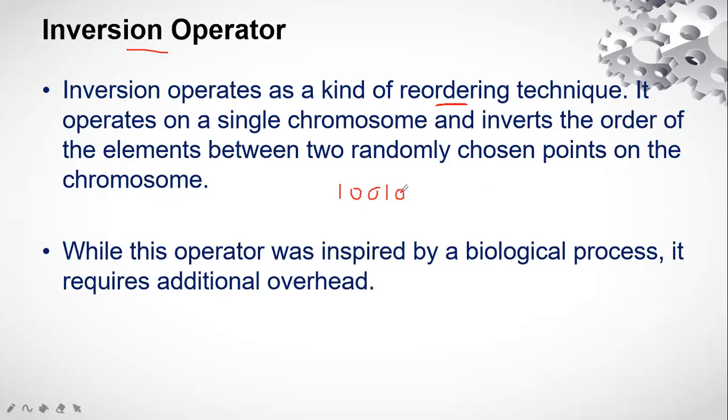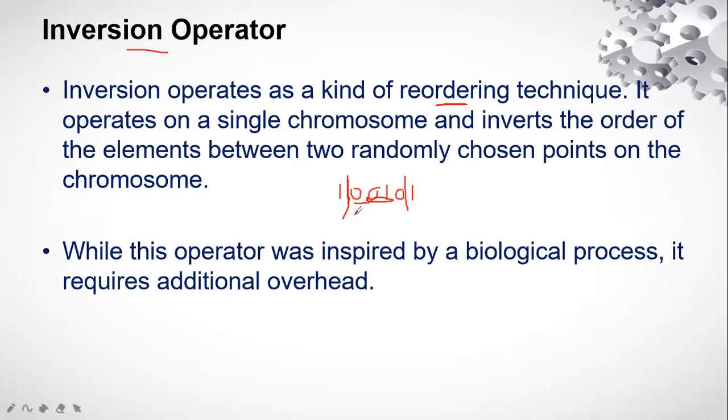0, 1. Let's say this is the string of chromosome I have. Now what I'm going to do is select two random sites, and within these two random sites, whatever bits are falling in are going to be inverted.